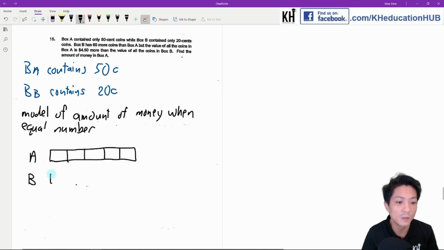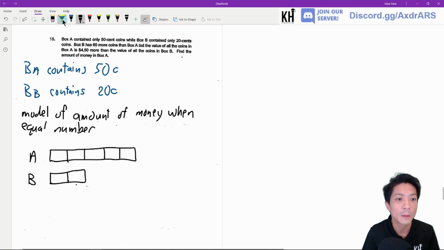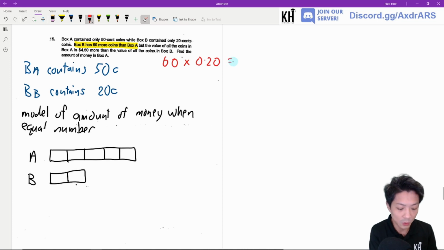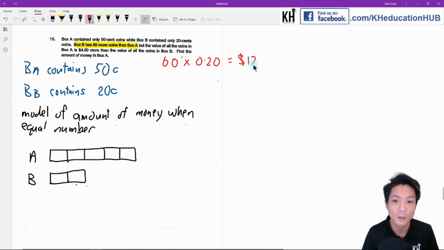Okay, and box B, which is the 20-cent coins, will have 2 units. But remember at first, box B had 60 more coins than box A. So how much money did I remove at first? Let me calculate: 60 20-cent coins is equal to $12.